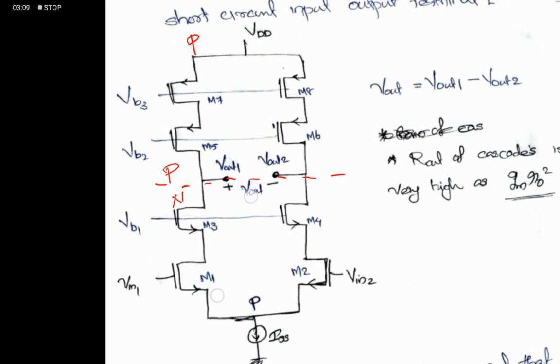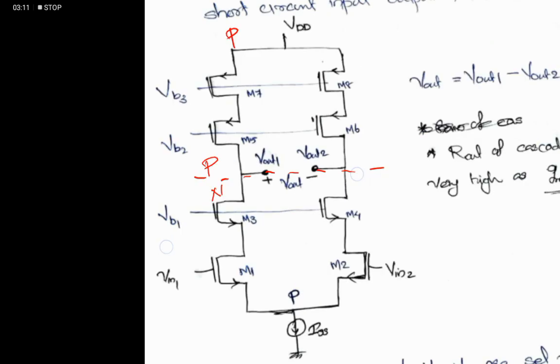To find the effective transconductance, we short the output to ground and evaluate the output current I out, and we find the transconductance Gm equal to I out by V in.